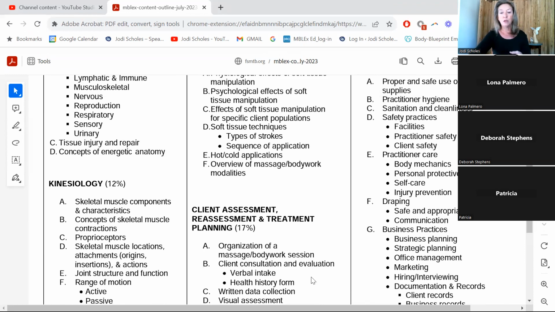Now, if for some reason this document is overwhelming to you, and it is to many, then that's why you're here. Each week, we move through one of these categories. Today, we're digging down on client assessment, reassessment, and treatment planning by talking about medications. But that's an example of doing meaningful homework.